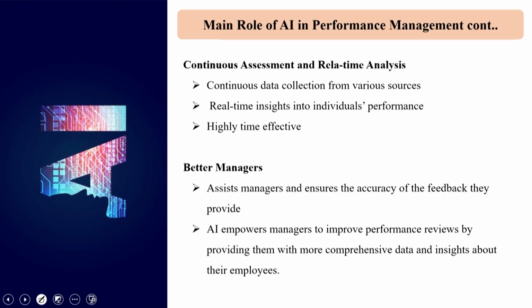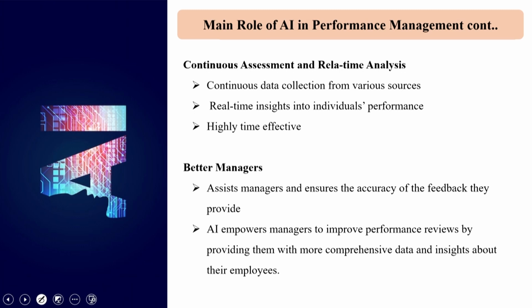Additionally, artificial intelligence significantly reduces the time spent preparing for all the periodic performance reviews, where employees typically need to recall and verify information from relevant sources. When you look into AI in performance management, you also have to understand that better managers can be created.